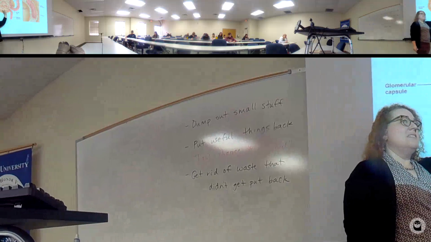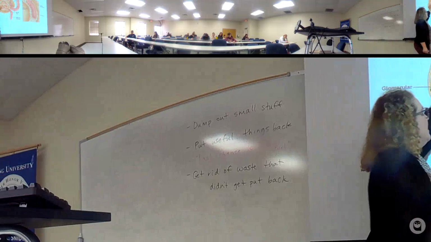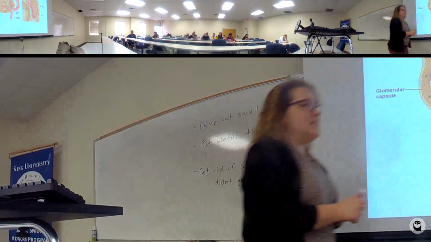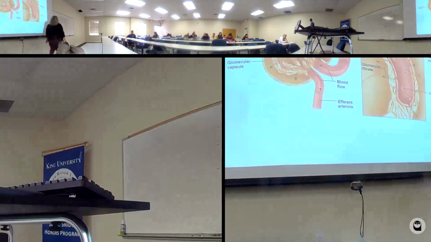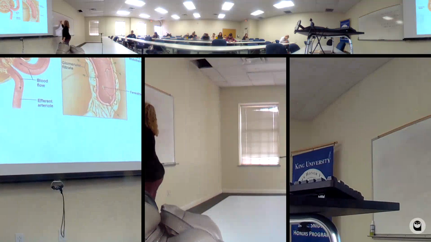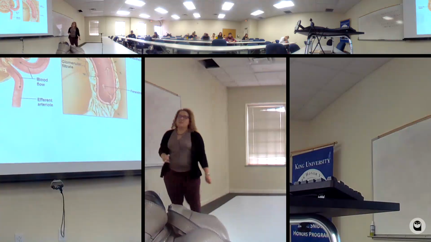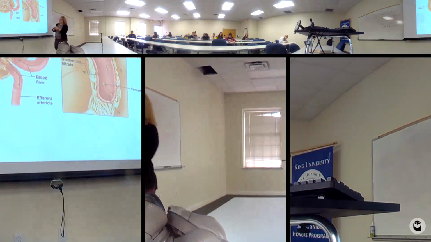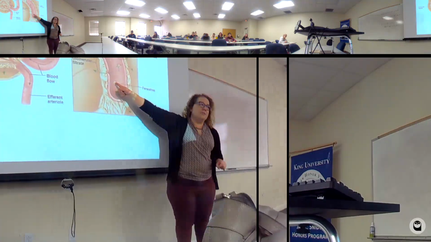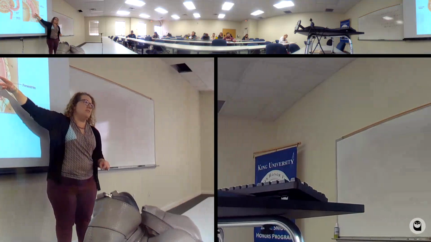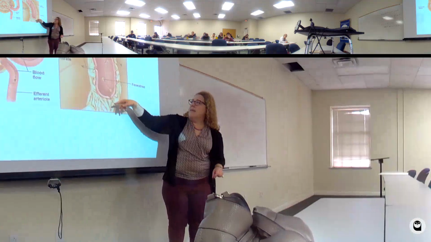We have stuff coming in the blood, and it hits this set of glomerular capillaries, and these capillaries are leaky, like all capillaries, but they are extra leaky. They are extra leaky on purpose because they have slits or holes in them called fenestrae, which is not a term that you need to know for this class, but that's what they're called.